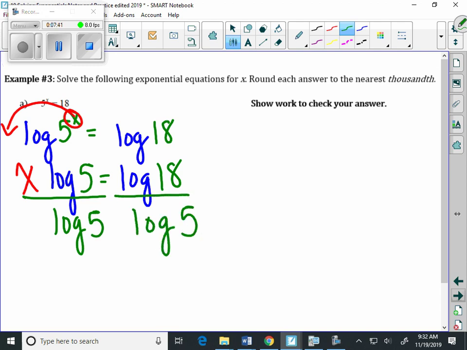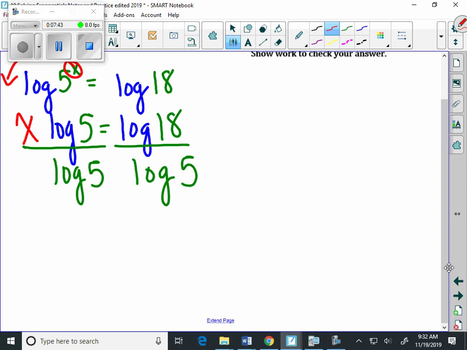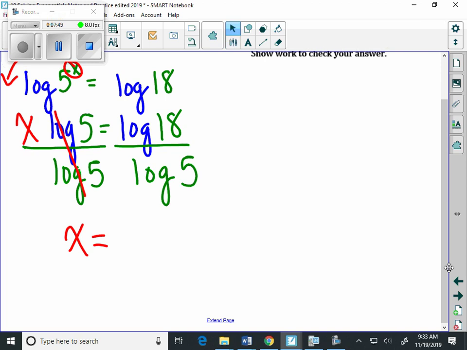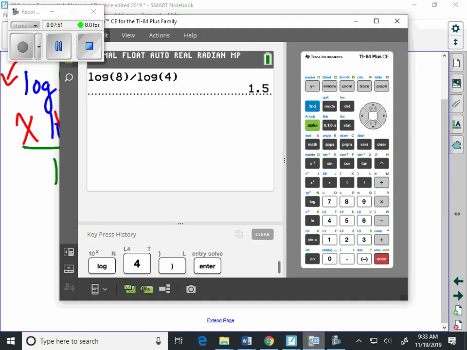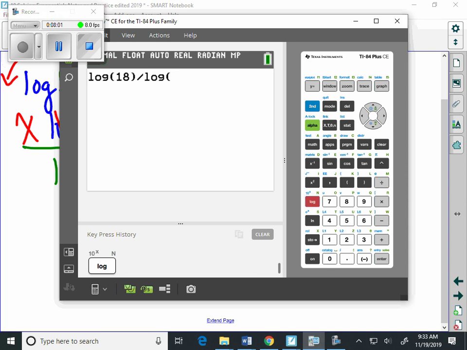And we're going to be left then with x equals, and we can type it in. So log of 18, divided by, make sure you close the parentheses on the 18, log of 5 gives us this decimal.